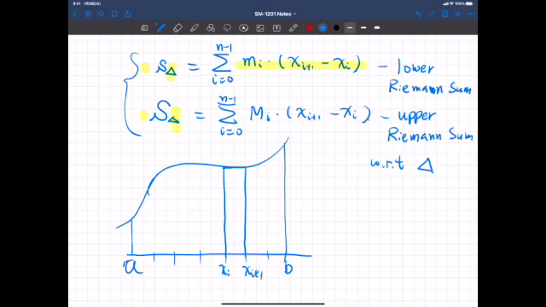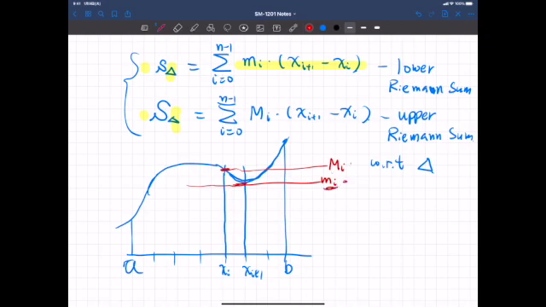Maybe this is not a good example. Let's see, we have this function like this. So here the infimum would be somewhere here. This value will be the infimum, the value of lowercase mi, and this value would be uppercase Mi. So that's the supremum, and this is the infimum.